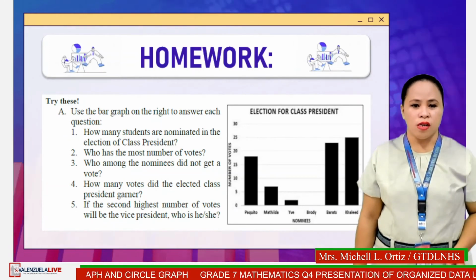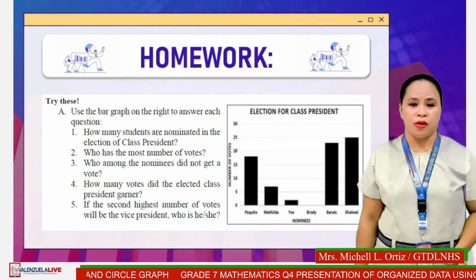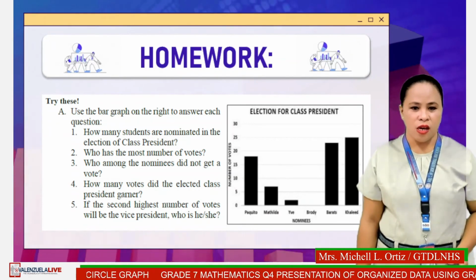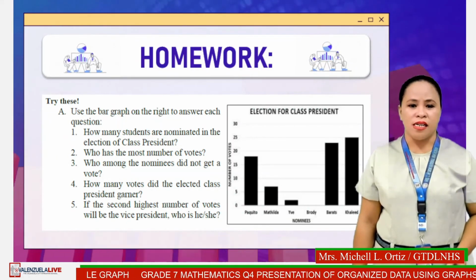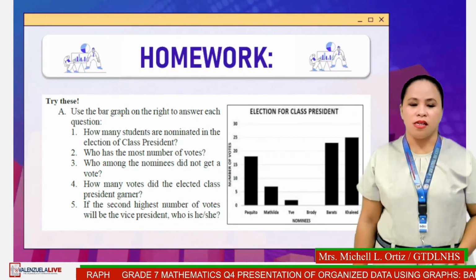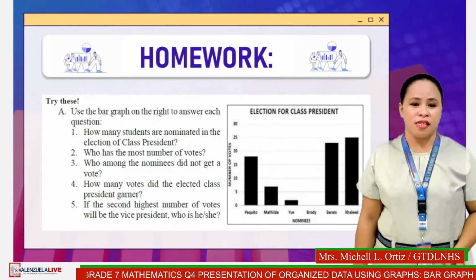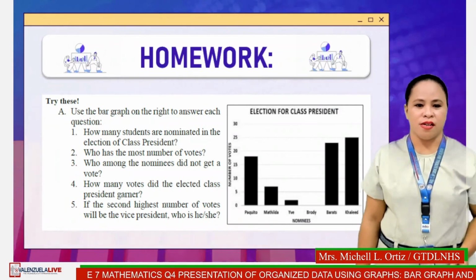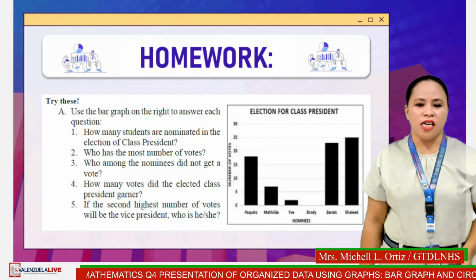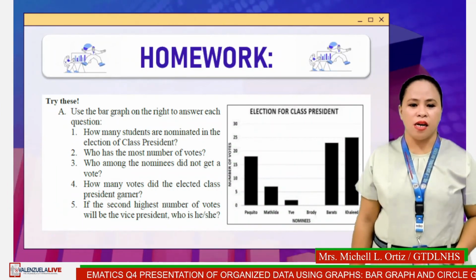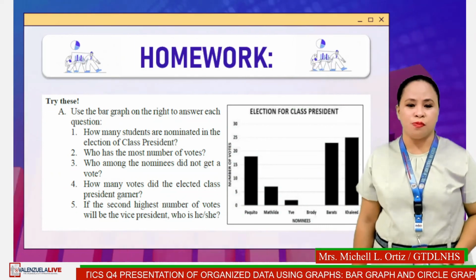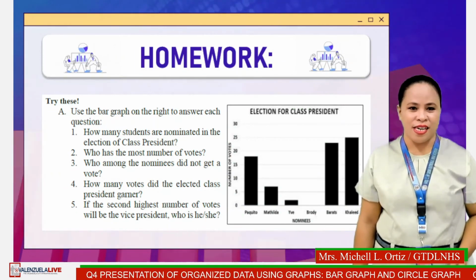Number 2, who has the most number of votes? Number 3, who among the nominees did not get a vote? Number 4, how many votes did the elected class president garner? Number 5, if the second highest number of votes will be the vice president, who is he or she?